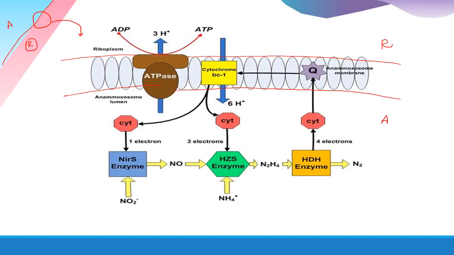Till now, we have talked about the internal structures of an Anammox bacterium, where we have seen that the innermost compartment is the Anammoxosome, and outside it there is a riboplasm, and this metabolism process is all concerned with the Anammoxosome. Suppose this is the Anammoxosome inner compartment and this is the riboplasm. And this is the Anammoxosome membrane where the ladderane lipid is found.